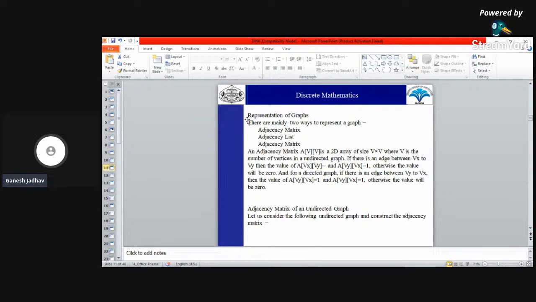Then another important topic is the representation of the graph. How to represent a particular graph?